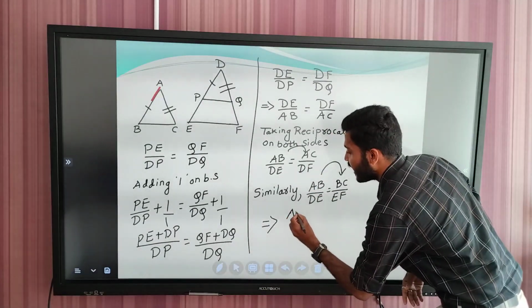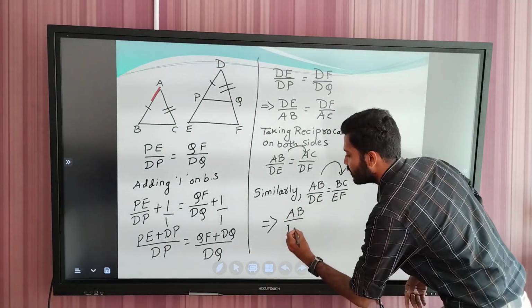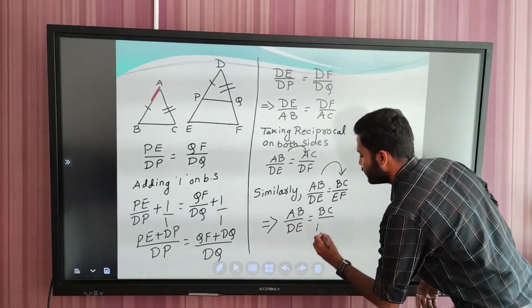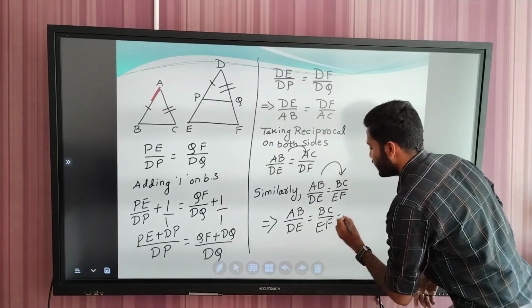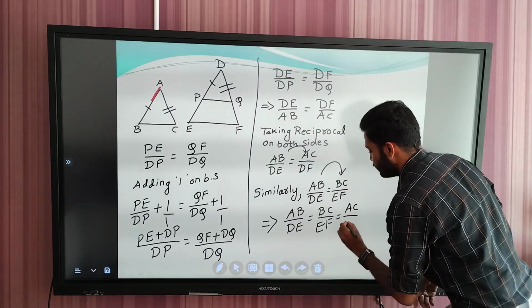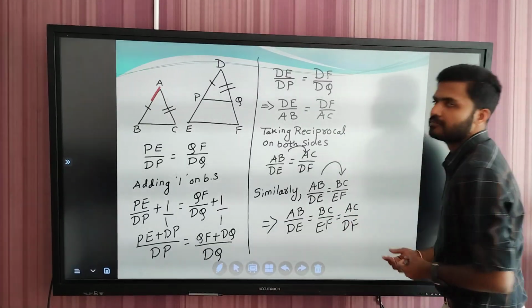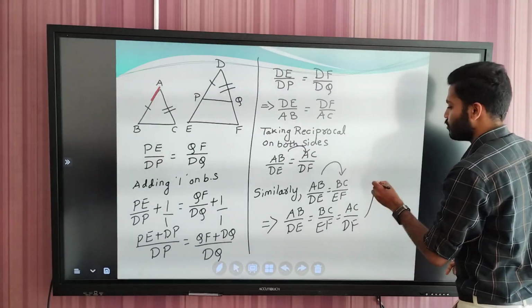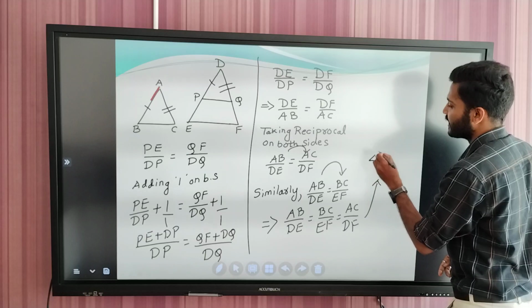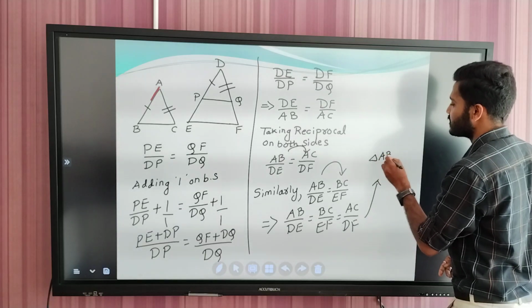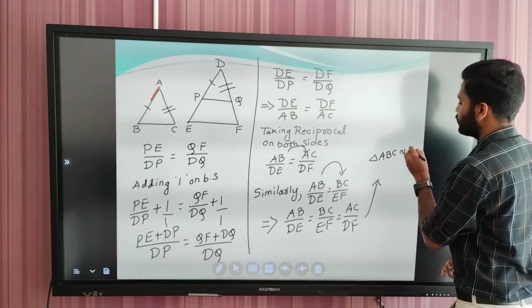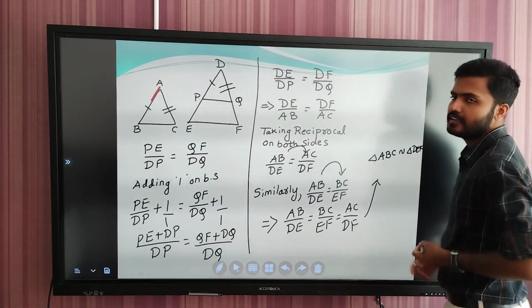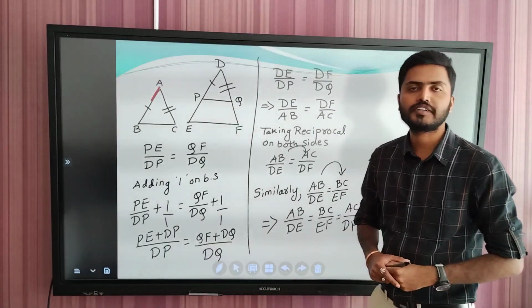I can say that AB upon DE is equals to BC upon EF is equals to AC upon DF. So this is nothing but the corresponding sides being proportional. So if the corresponding sides are proportional, I can say that triangle ABC is now similar to triangle DEF. Correct? So that is how we prove this particular theorem.